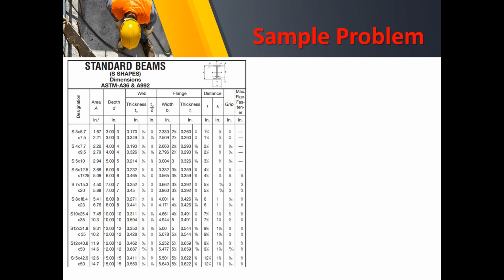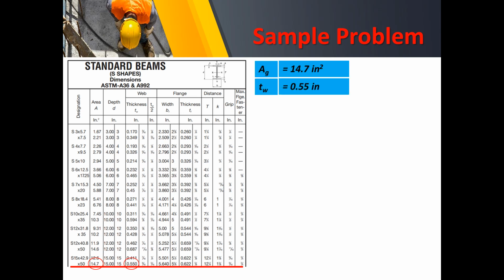So first things first, we need to look at the table on its properties. That is S15 by 50. So we have the area equal to 14.7 square inches. We also need the value for the web thickness, that is 0.55 inches. And this time, we will consider the flange thickness since there are connections on flanges: 0.622.